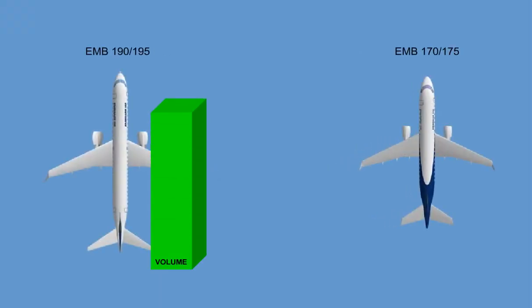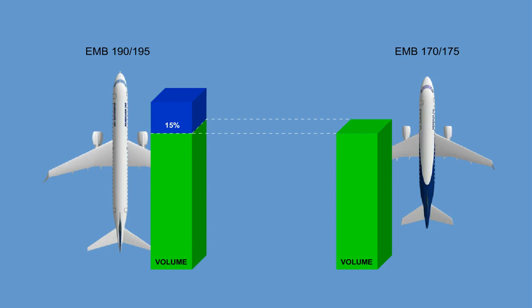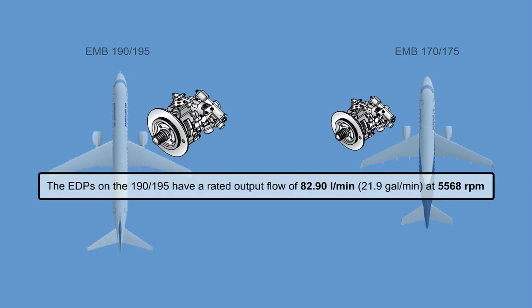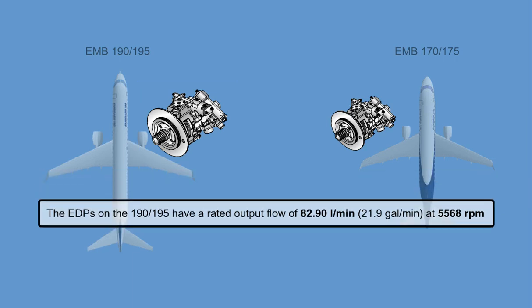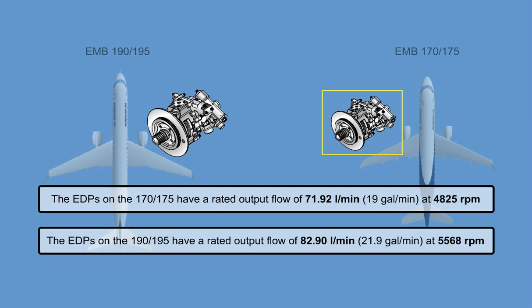The hydraulic system of the Embraer 190-195 has a 15% greater volume as compared to the Embraer 170-175. Therefore, the EDPs on the 190-195 have a rated output flow of 82.9 liters per minute, 21.9 gallons per minute, at 5,568 RPM, whereas the EDPs on the 170-175 have a rated output flow of 71.92 liters per minute, 19 gallons per minute, at 4,825 RPM.